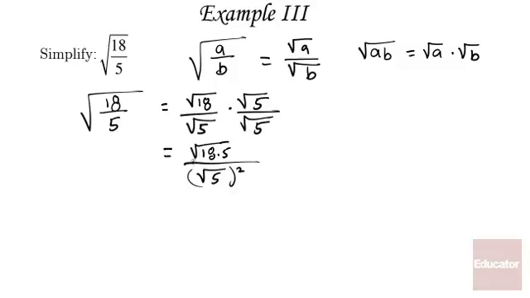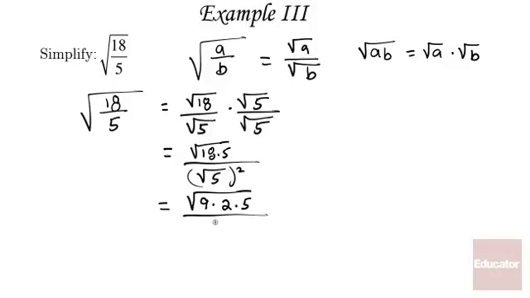Okay, looking at what I have here, let's start simplifying even further. This gives me something that contains a perfect square. So 18 can be re-expressed as 9 times 2, still times 5. And recall that a radical multiplied by itself equals the radicand.